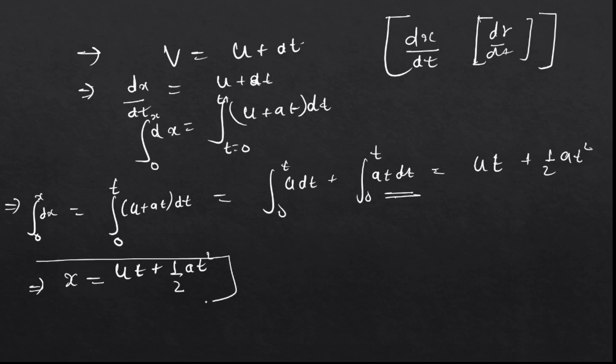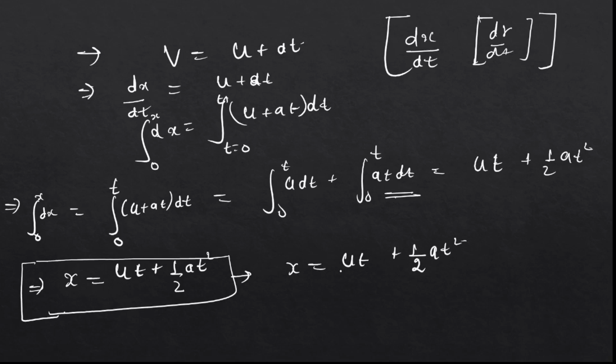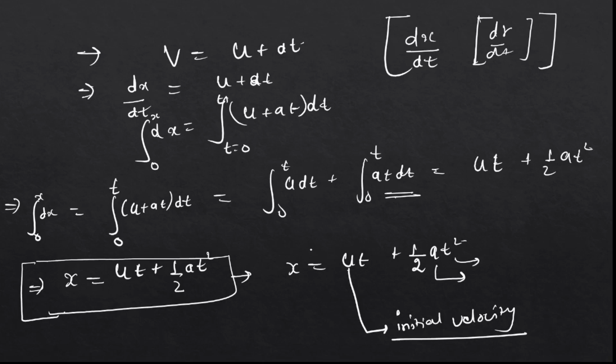So this is our second equation of motion. It gives us the position of the particle, where u is the initial velocity, a is the acceleration, and t is the time at which I am interested in finding the position.